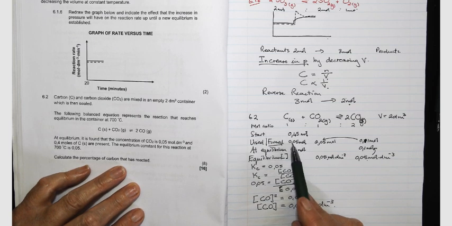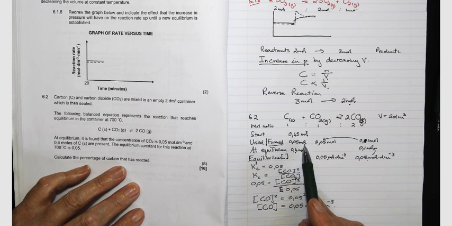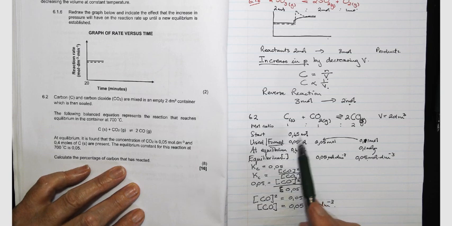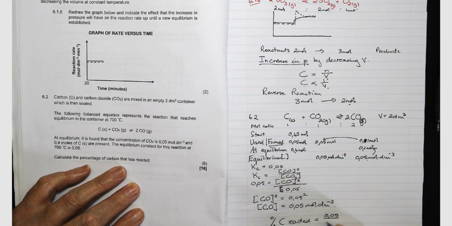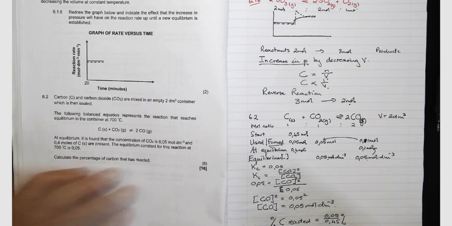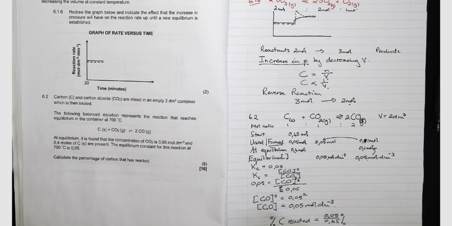So 0.05 is the carbon that reacted, and we started off with 0.45. So the percentage of the carbon that reacted would be 0.05 out of 0.45, and it works out to something like 11 point something, 11.11.